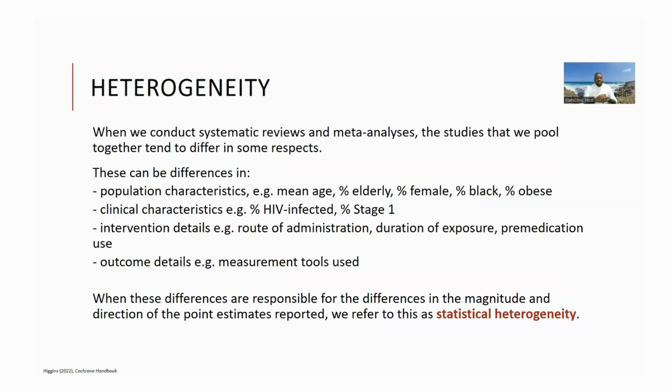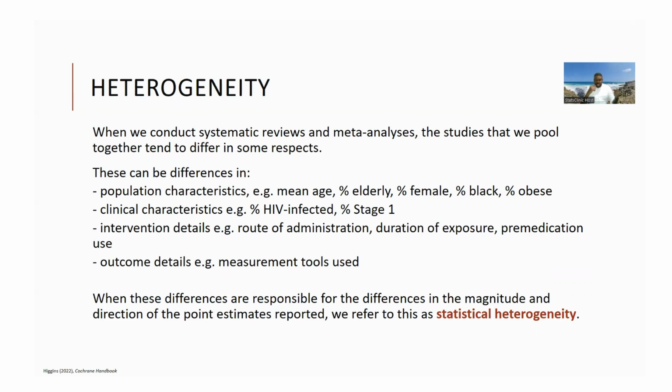Now let's change gears and talk about heterogeneity. So when we conduct systematic reviews and meta-analyses, it's often the case that we pull together studies that differ in some respects, right? Some of these differences might be in the population characteristics, in the kinds of interventions that have been administered, or in the ways that the outcomes were assessed.